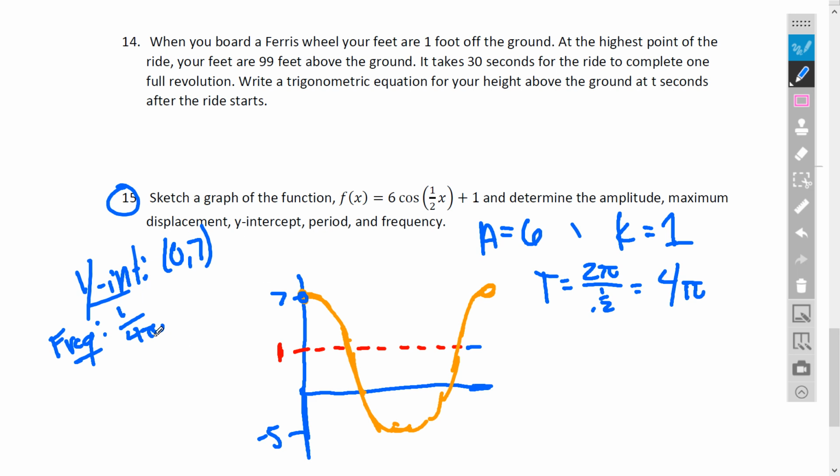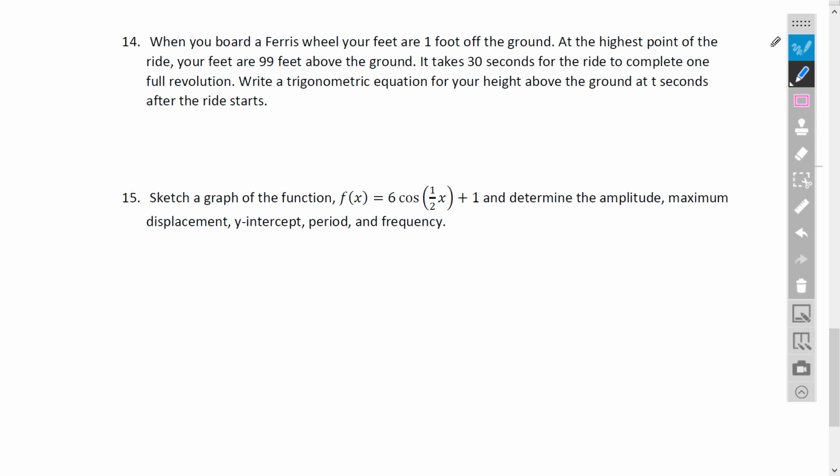And the max displacement is also 7, because that's the highest it's going to go. Maximum displacement is 7. You could also say the minimum displacement, -5. All right, so that is it for our review here.